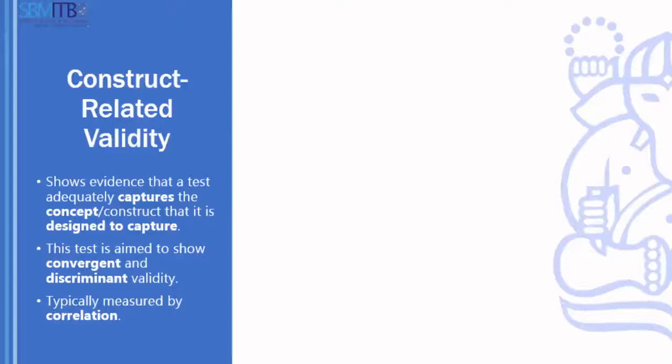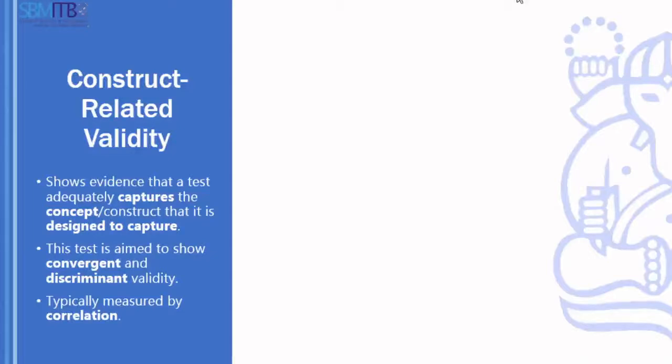Convergent validity is established when the scores obtained with two different instruments measuring the same concept are highly correlated. On the other hand, discriminant validity is established when, based on theory, two variables are predicted to be uncorrelated, and the scores obtained by measuring them are indeed empirically found to be so.